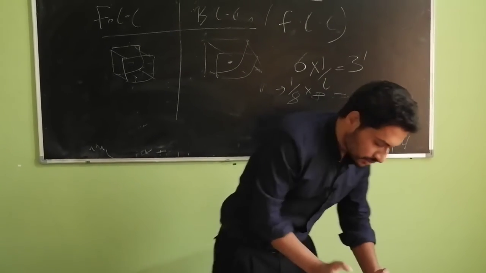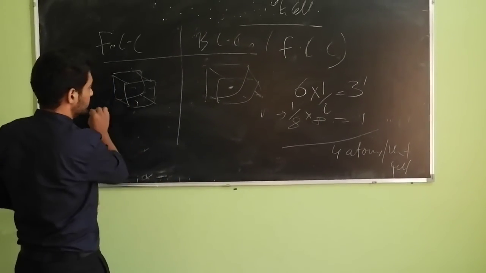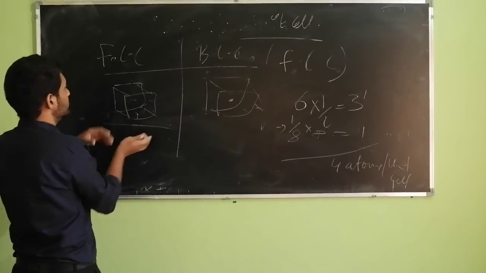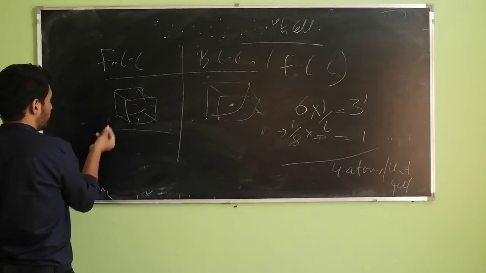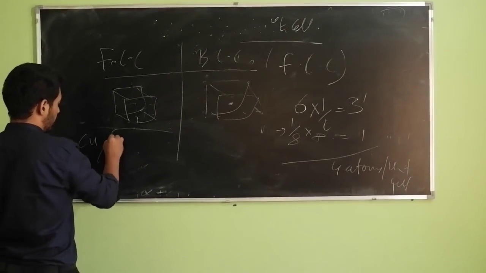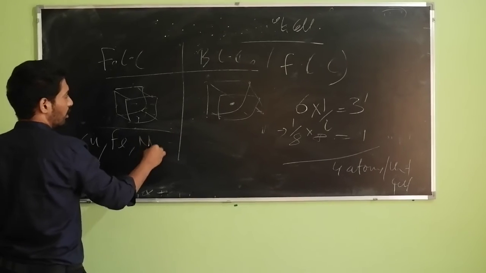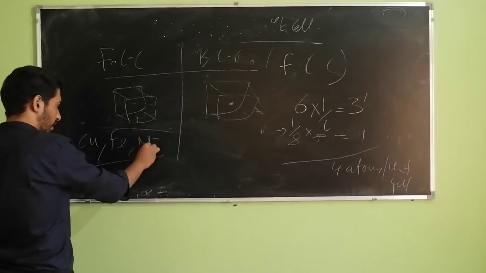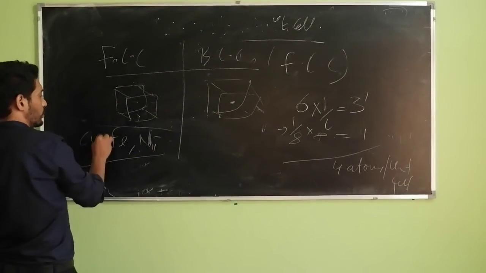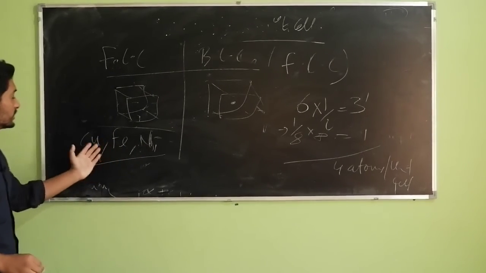So FCC are more ductile and easier to mold. Examples would be copper, iron, nickel. These are all face-centered cubes.